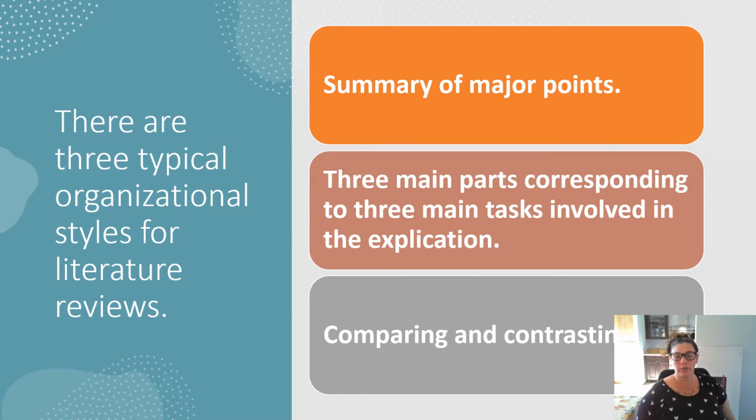Or it can be three main parts corresponding to three main tasks involved in explication, which means that there are main components and tasks of the way that you're formatting, and it helps to explain, compare, and contrast. We'll go over this in detail in just a second. And then, of course, there's comparing and contrasting.